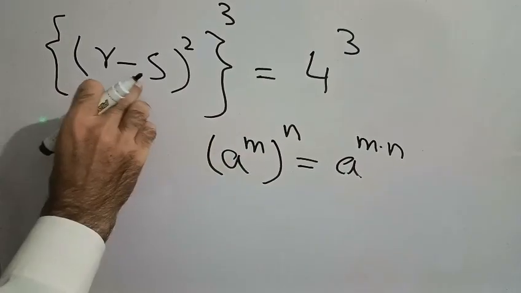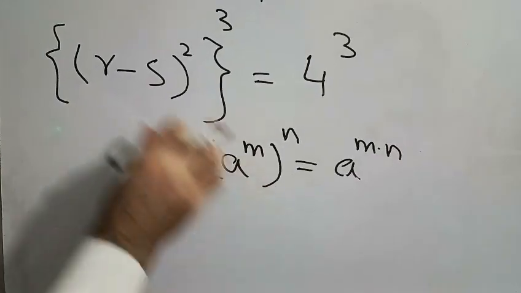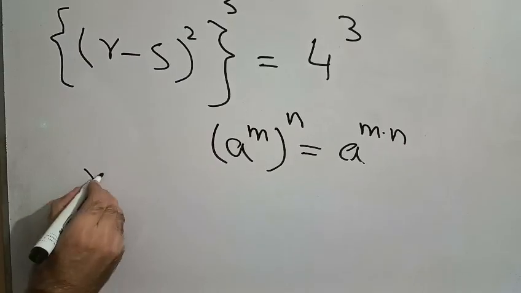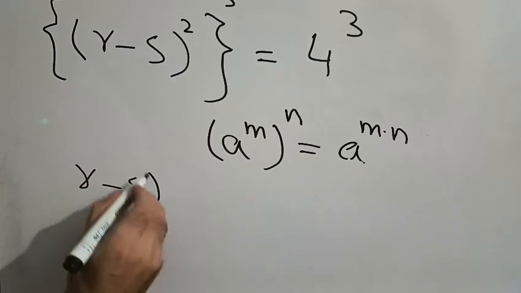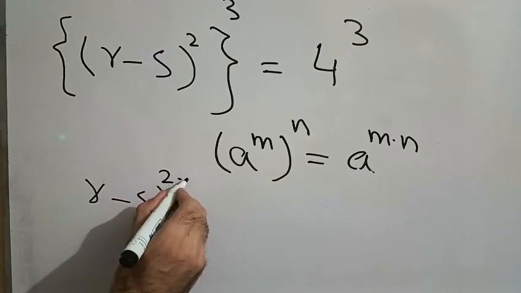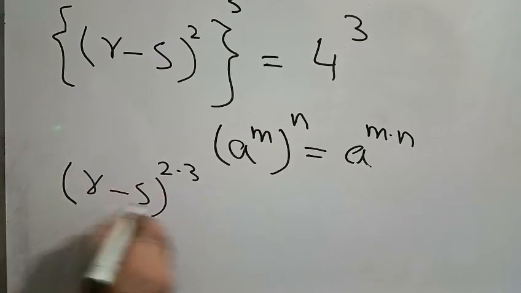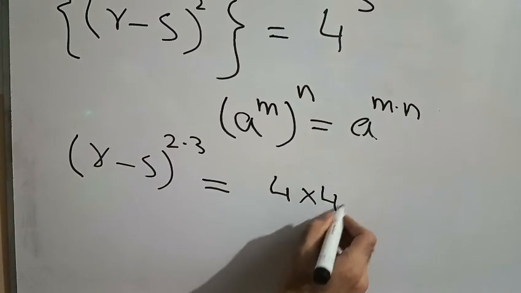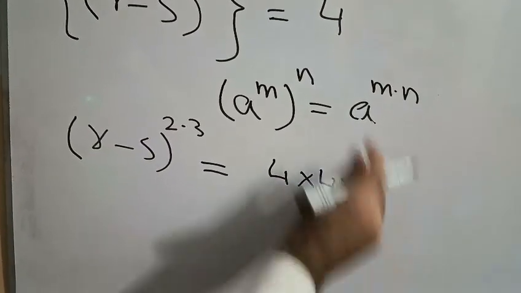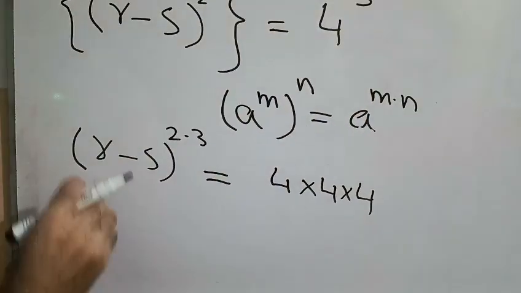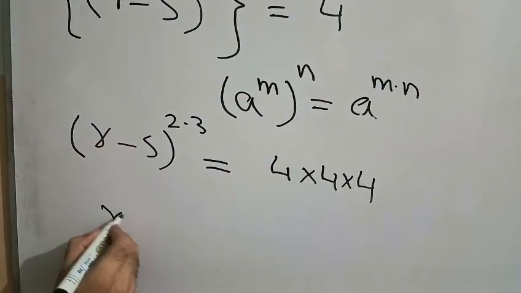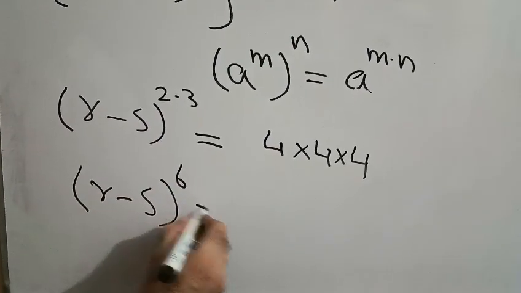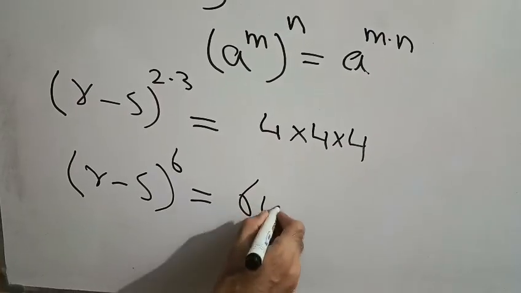Now, this is in the form of this, and we will write this in the form of this. So we can write (r minus s) power 2 into 3 is equal to 4 into 4 into 4 because of cube. So this will become (r minus s) all power 6 is equal to 64.